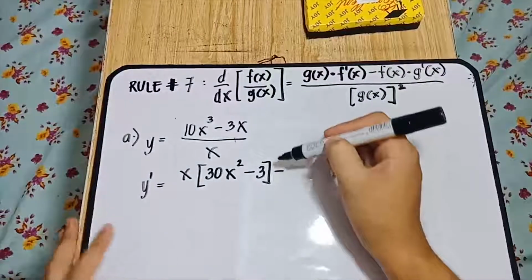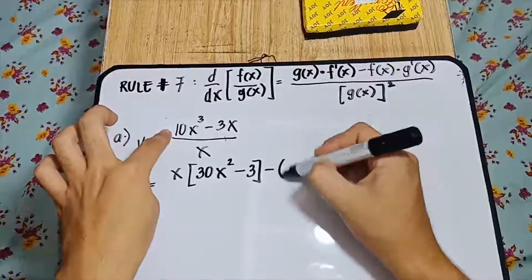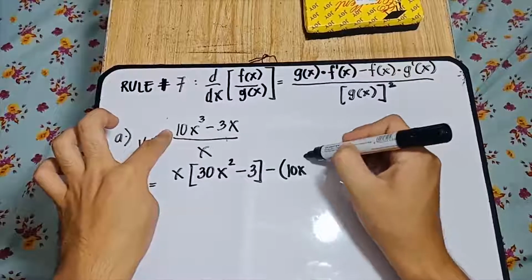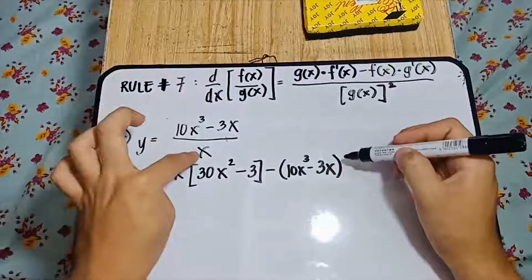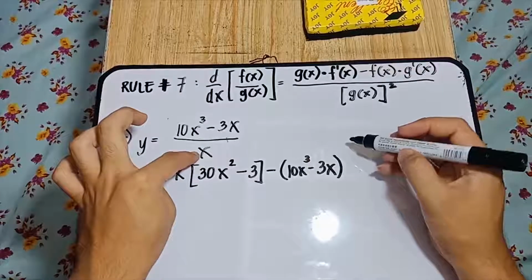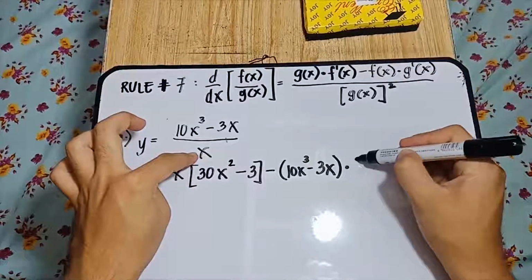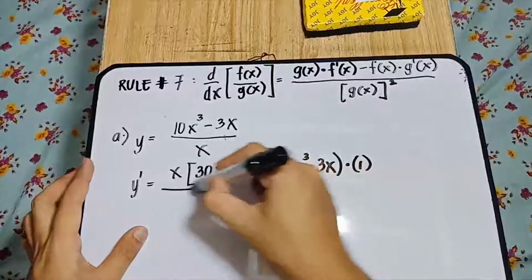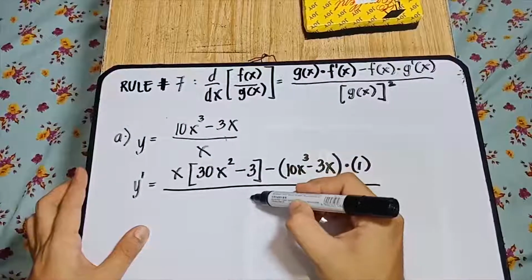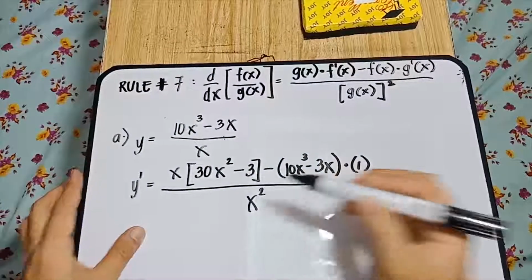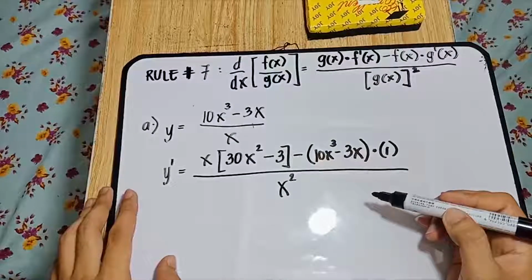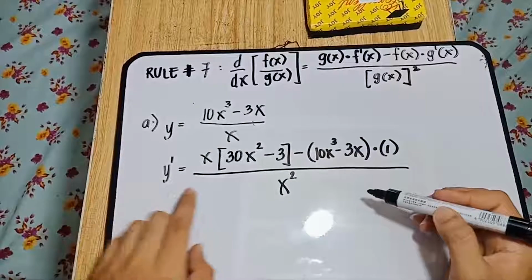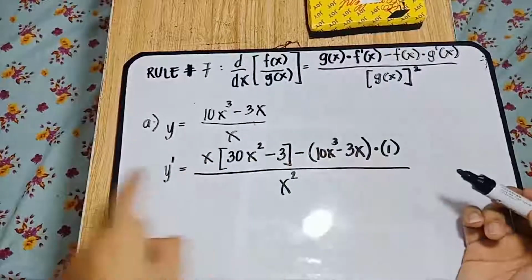Okay? So, minus, kopyahin natin yung numerator, minus 3x, then multiply by the derivative of the denominator, which is 1, all over the square of the denominator. Okay? So, ngayon, simplify natin yung numerator.